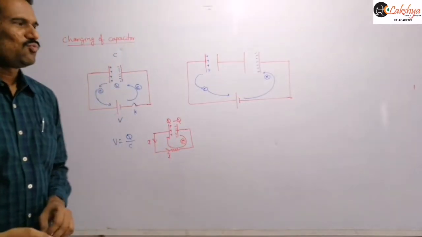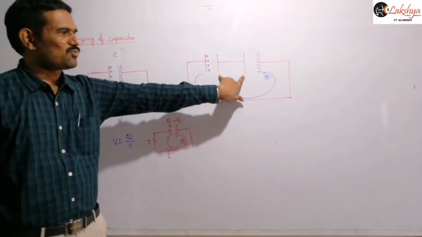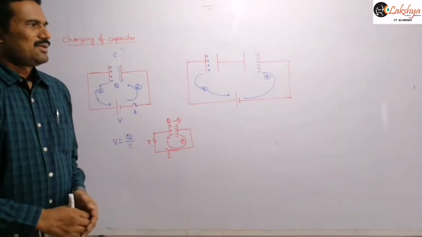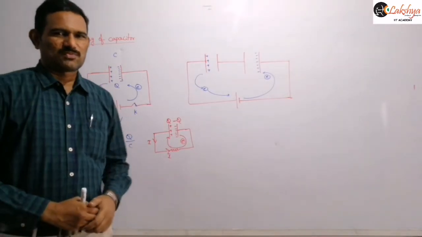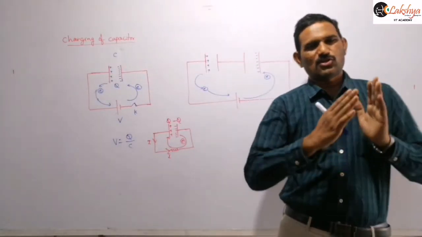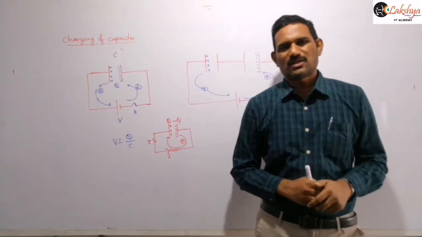Then what about these plates here? What about the charge on this plate and the charge on this plate? Now induction will take place. We know when a neutral plate is placed near a charged plate, induction will take place, right?